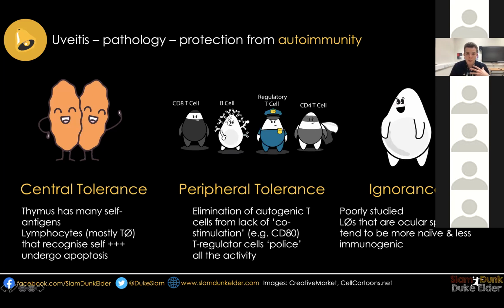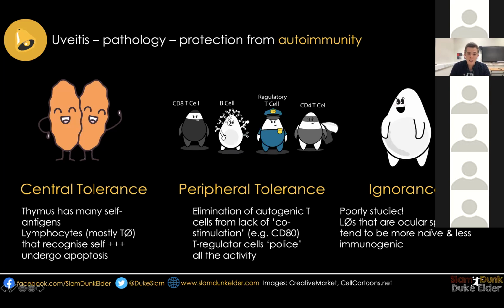There is also peripheral tolerance, usually mediated by T regulatory cells, okay, these newer forms of T cells that help maintain a good standing order between the killer cells and the cells that help produce antibodies, the B cells. This is known as peripheral tolerance.